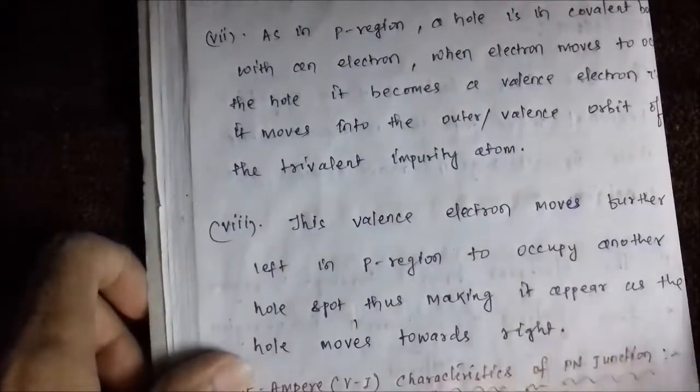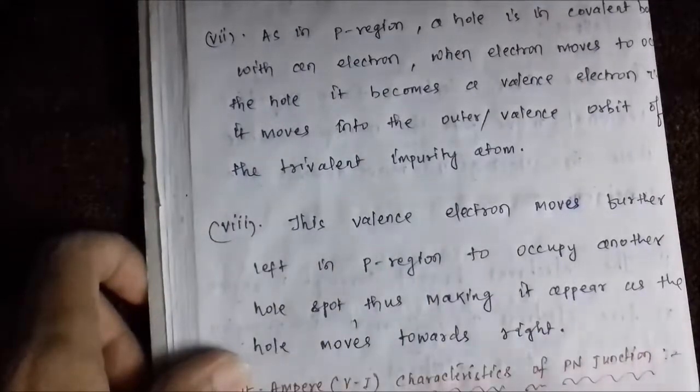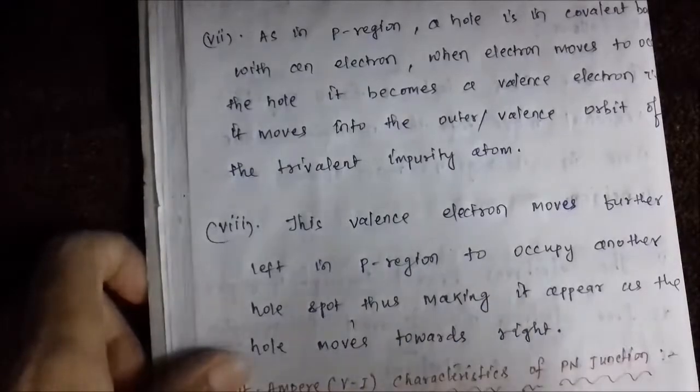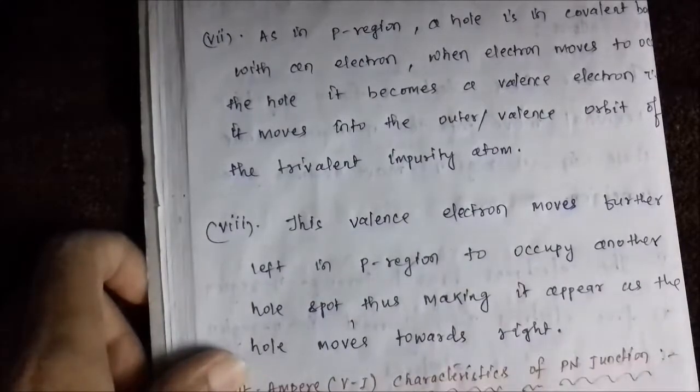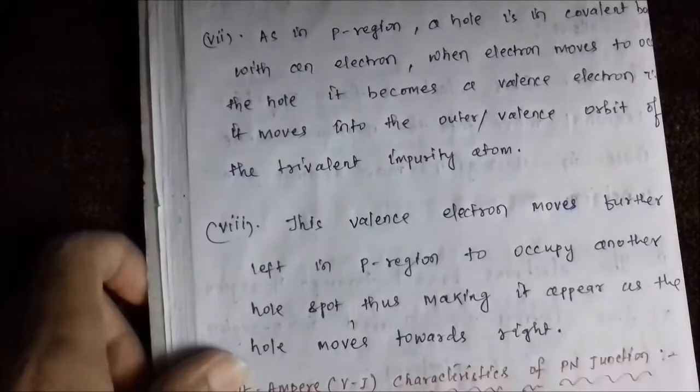The valence electrons which keep on filling the vacant spots keep on creating vacancies at their original places. So in order to fill the vacancies created by these moving electrons, some other electron comes to fill that spot, creating further vacancies.